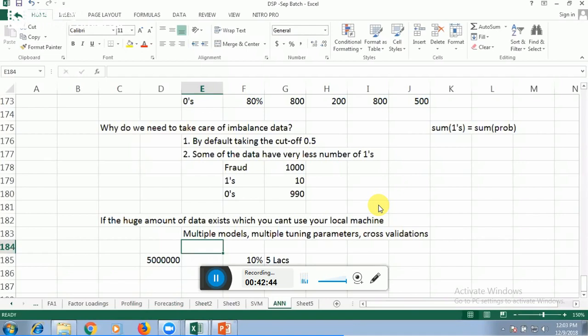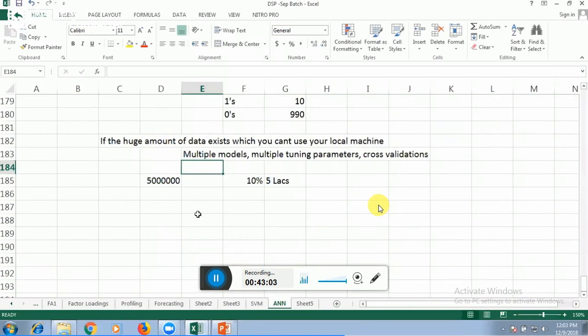Suppose we are taking a 10% sample. What is the surety that the 10% sample will have an equal amount of 0s and 1s? It may be possible that the 10% sample has only zeros or only ones. So how can we make sure that the 10% data has the same amount of zeros and ones?